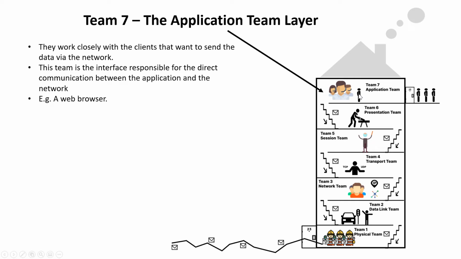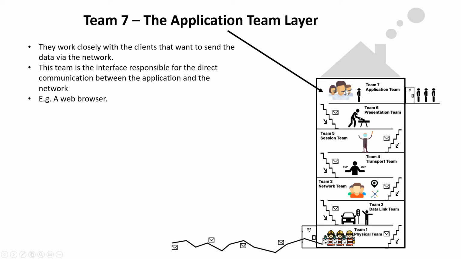The client comes in and says, I have this piece of data that I'd like to transmit via the network. Hello, basically. So it's responsible for the direct communication between the network and the client application that wants to use the network, for example, a web browser in this situation.